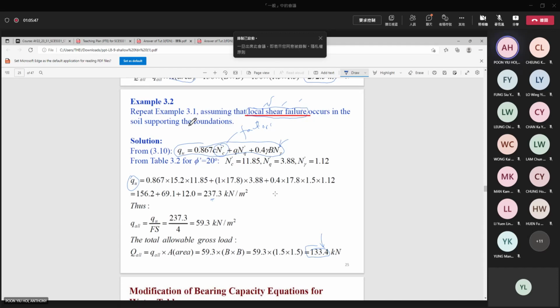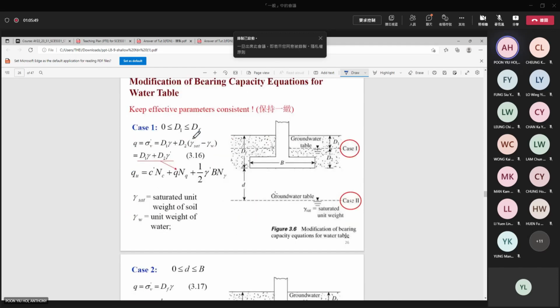And then the next topic will be the effect of water. Actually, the effect of water is quite interesting here. This is what we call the design water level.